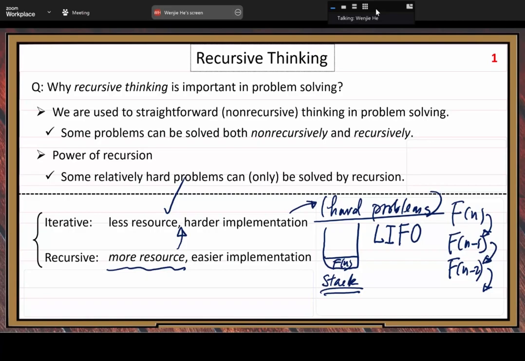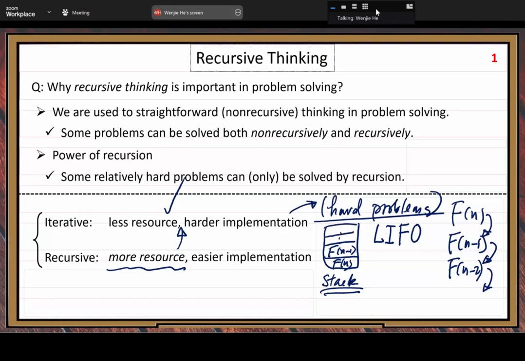Then, because it relies on f of n minus 1, let's search the value for f of n minus 1. Still not available. We push it into the stack again, f of n minus 1, and so on.